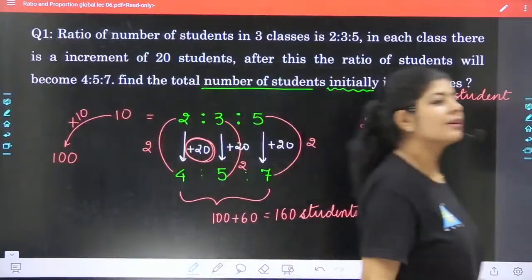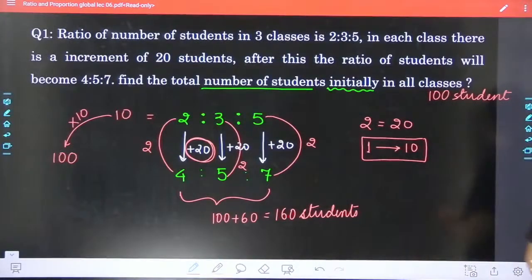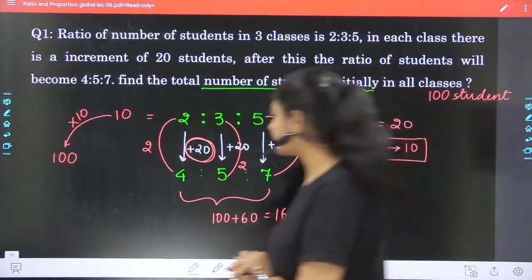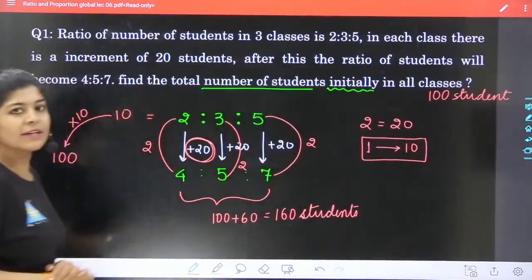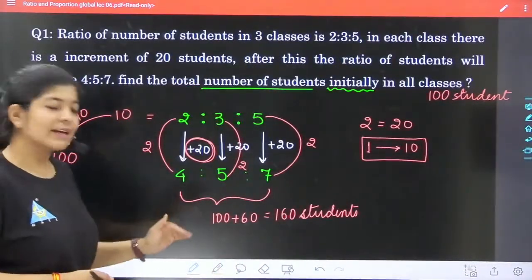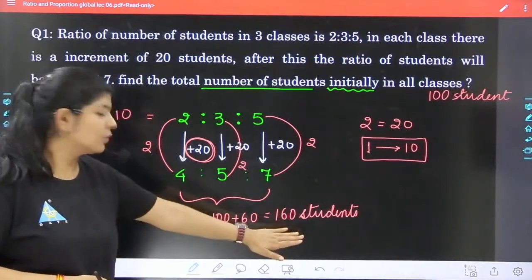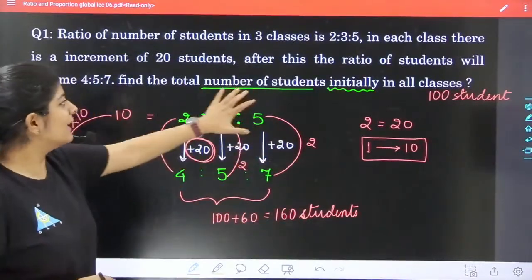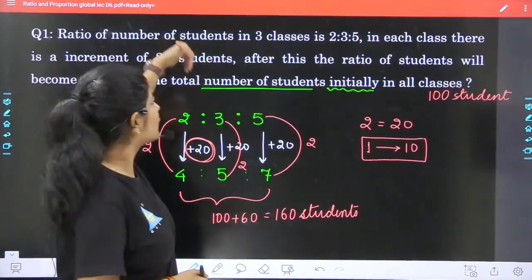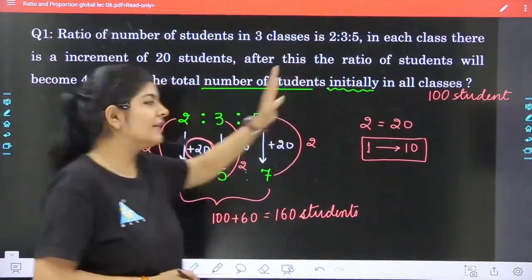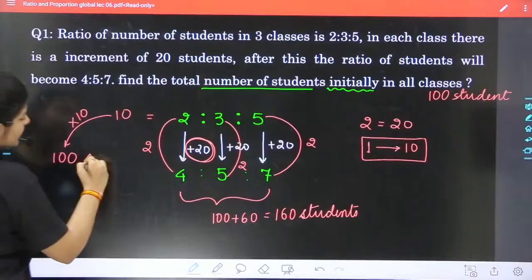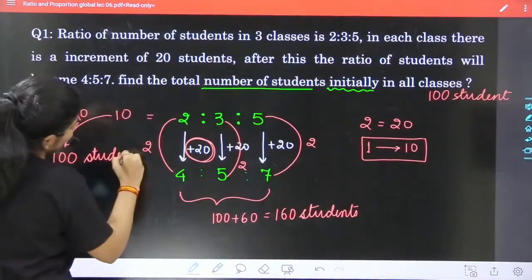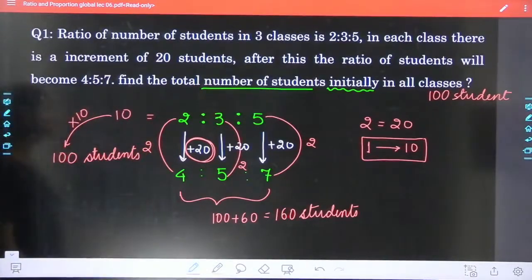But here we have to find the total number of students initially, that is equal to 100 students.